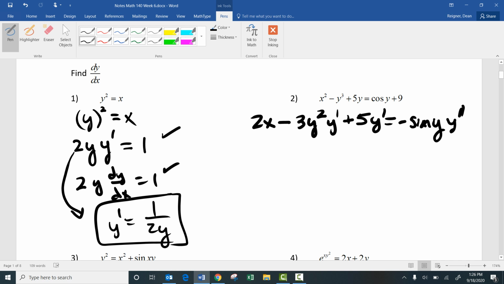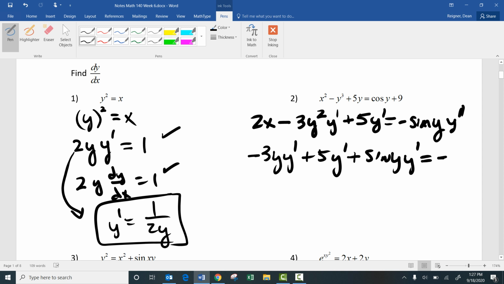So now, in order to solve for y prime, which is dy dx, you have to get all the y primes on one side. So everything with a y prime, I usually get on the left. This thing is negative, so over here it'll be positive. This 2x is positive.